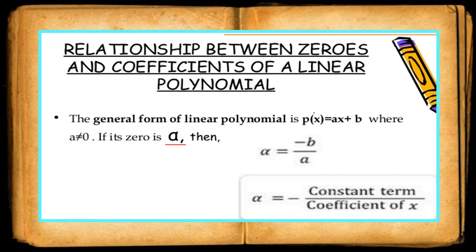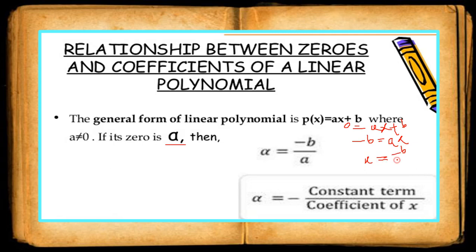Now when we put this alpha in place of x, we get the polynomial as 0. That means 0 is equal to ax plus b. Now when we transpose b to the left hand side, we get minus b is equal to ax, or we can say x is equal to minus b upon a.